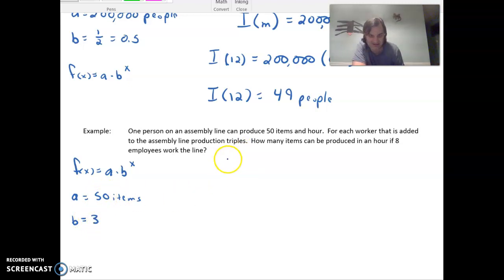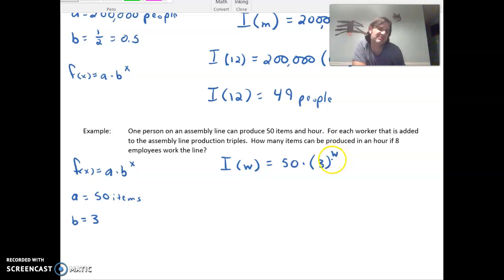We're going to produce items, so once again I'll use I of employees. I of E, that doesn't sound too good. Let's use I of W for workers. So that will be the starting amount, which is the 50 items one person can do, and then that's going to be tripled for every worker we add.